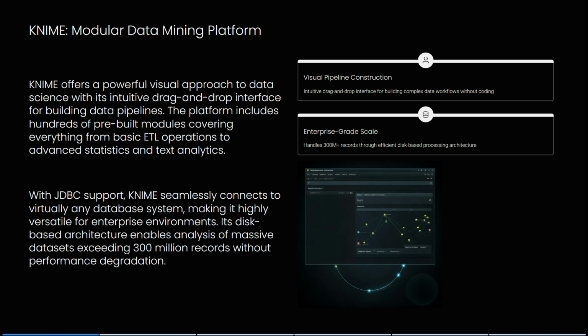With its JDBC support, KNIME seamlessly connects to virtually any database system, making it a highly versatile system for enterprise environments. Its disk-based architecture enables analysis of massive data sets exceeding 300 million records without performance degradation.